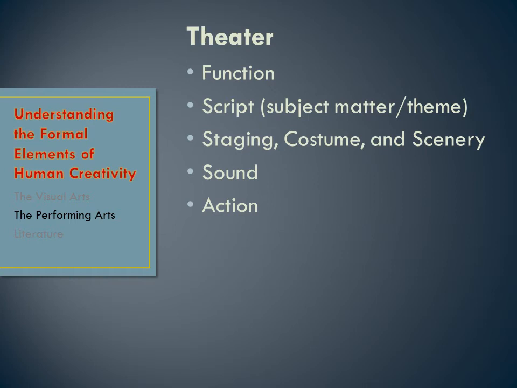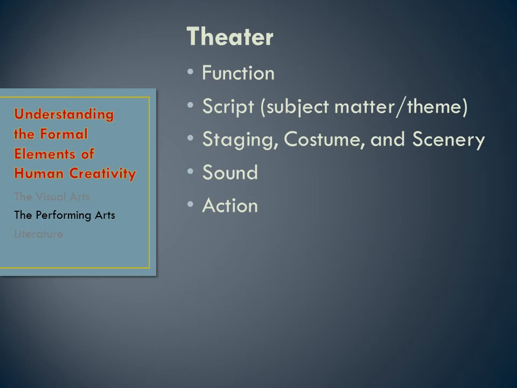If you have seen the stage play Les Miserables or you saw the movie, those costumes are meant to convince the audience that the story is taking place in the middle of the 1800s in France. And so costume can be used to create the illusion or to shape the audience's understanding of what's going on with the story.